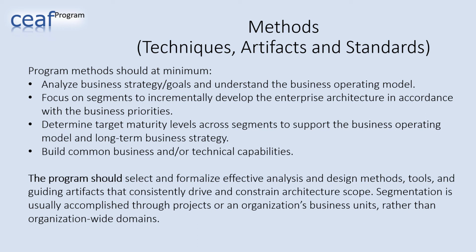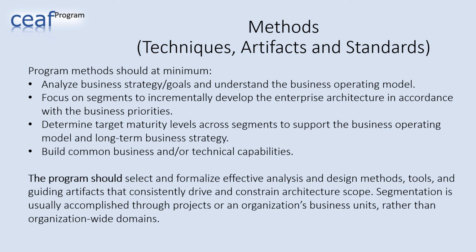Program methods should at minimum analyze business strategy or goals and understand the business operating model. Focus on segments to incrementally develop the enterprise architecture in accordance with the business priorities. Determine target maturity levels across segments to support the business operating model and long-term business strategy, and build common business and technical capabilities.